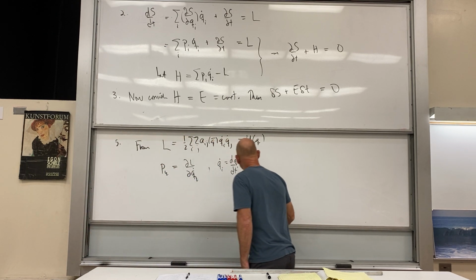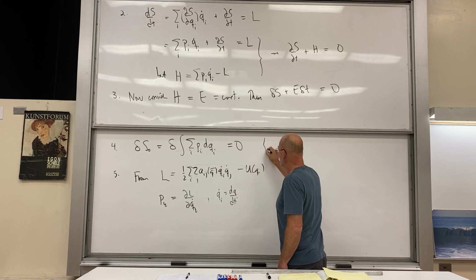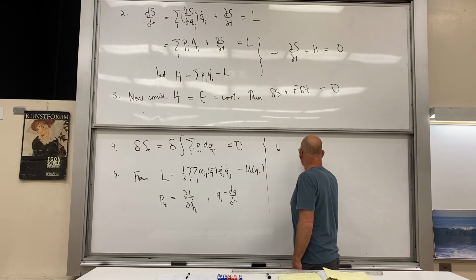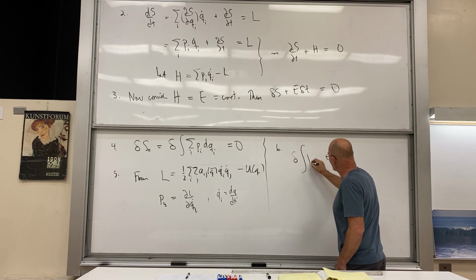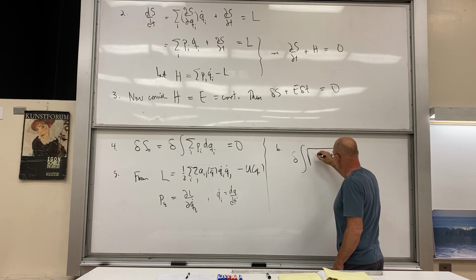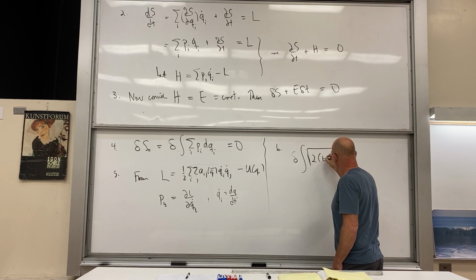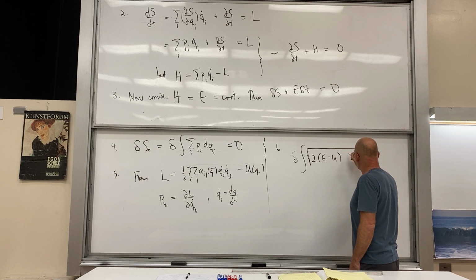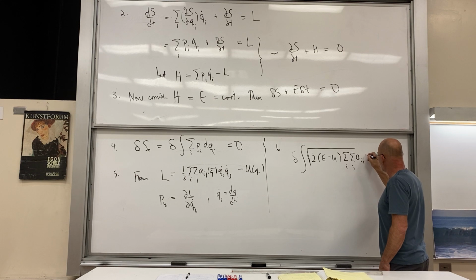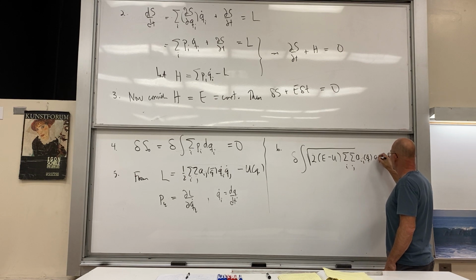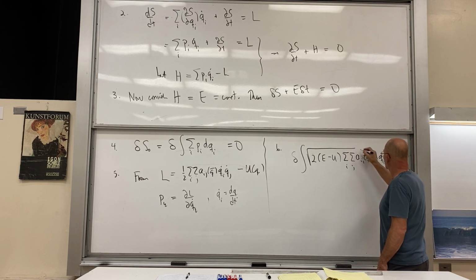So yeah, what did we finally get? I'll use this side of the board. We ended up with this variational principle. So the variation of the integral, we had the sum, square root of 2 times E minus U, double sum ij a_ij of q dq_i dq_j.